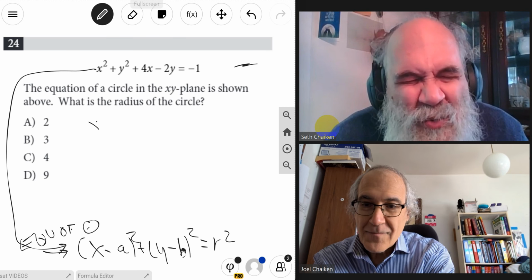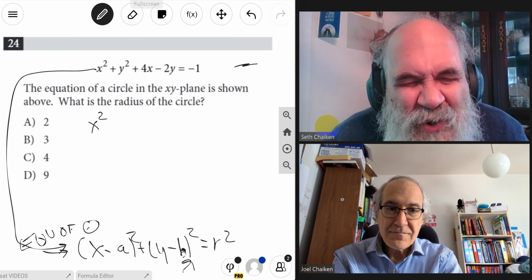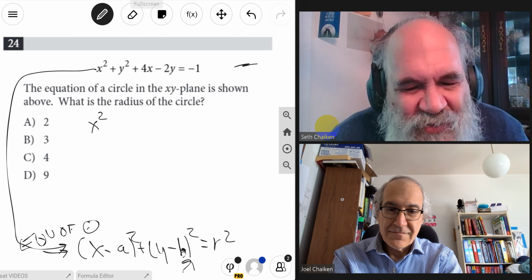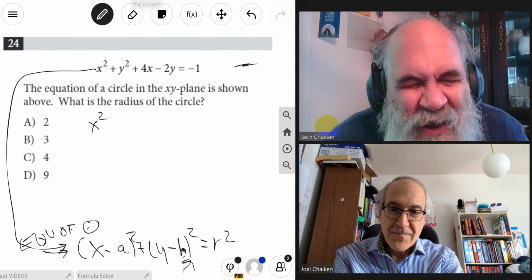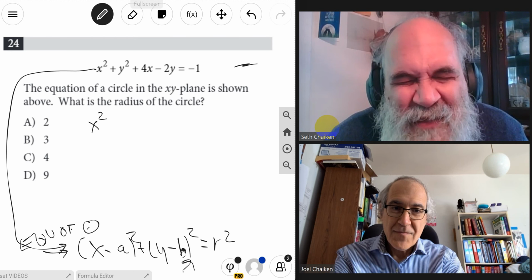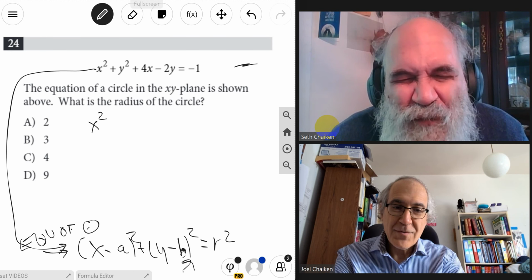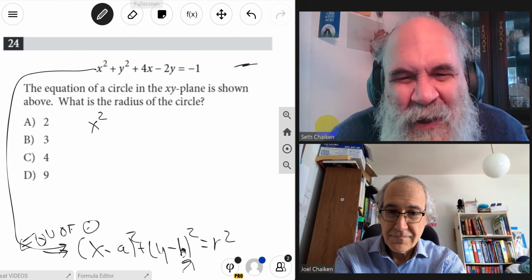What does that equation say? It says that the square of the vertical distance from the center to a point, plus the square of the horizontal distance from the center to the same point, is equal to the square of the radius. This is the statement of the Pythagorean theorem for the two points, the center (a, b) and a point on the circle (x, y).